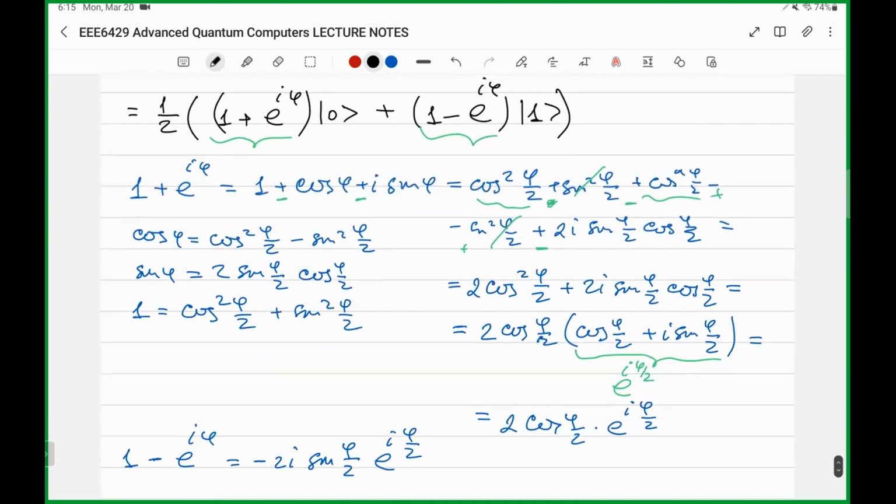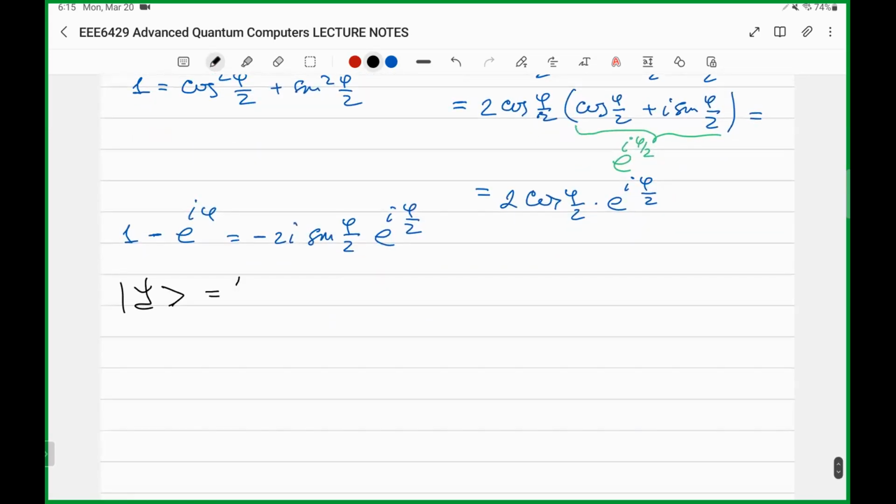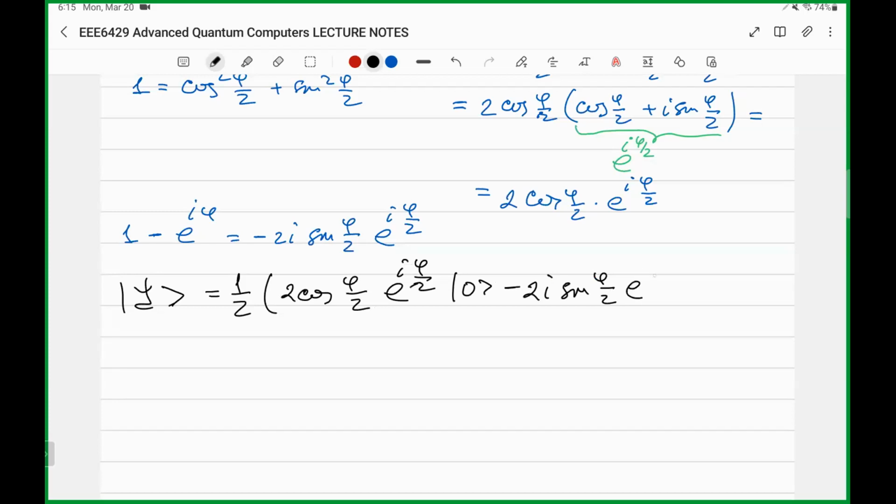It will be 1/2 and then 2 cosine phi over 2 e to the power of i phi over 2 state 0 minus 2i sine phi over 2 e to the i phi over 2 state 1.